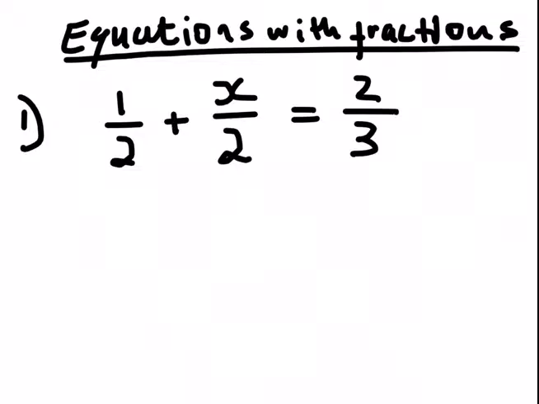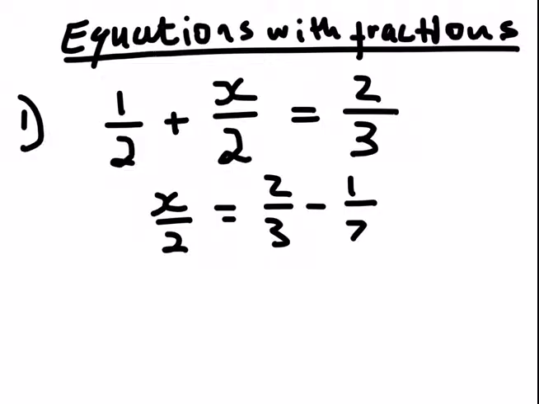So that means this x over 2 is equal to, already you have 2 over 3 on this side. Then what you can do is 2 over 3 minus that 1 over 2.